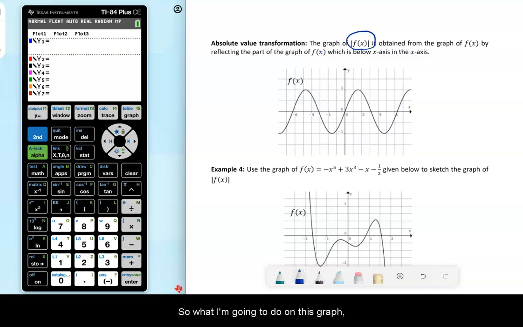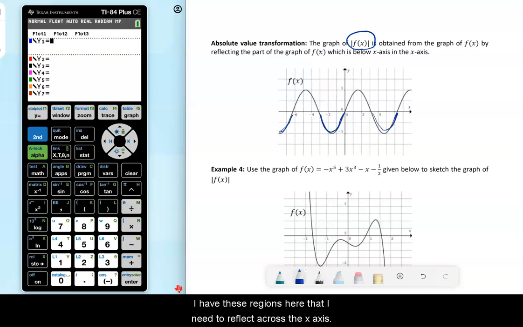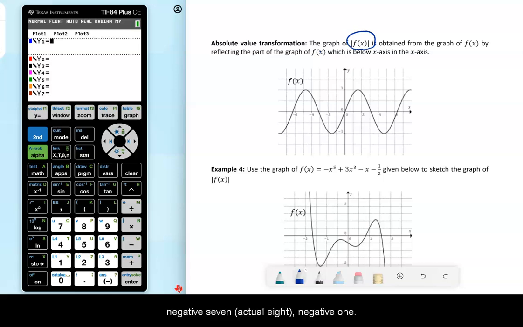So what I'm going to do on this graph, I have these regions here that I need to reflect across the x-axis. Everything else on the graph is going to stay the same. Starting with the first one, checking my scale very quickly, it looks like we have the point -7, -1.